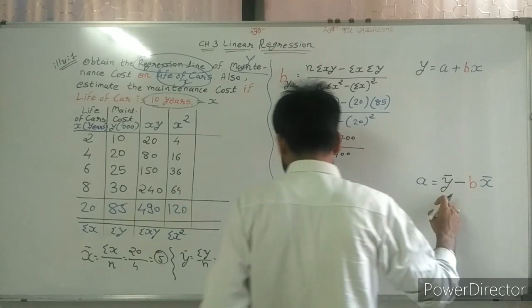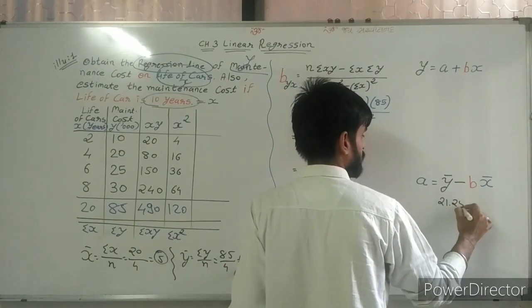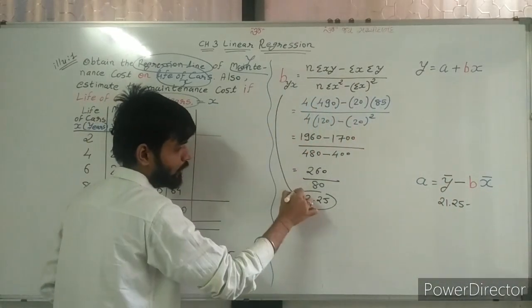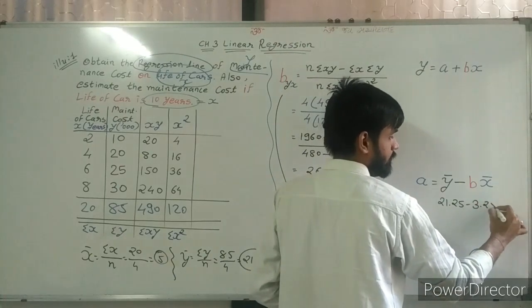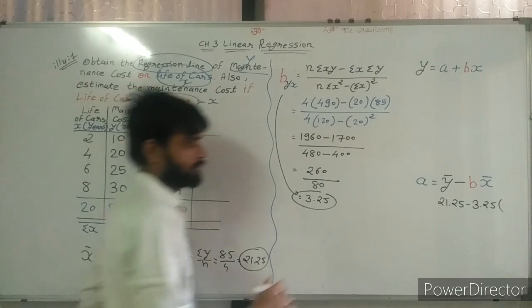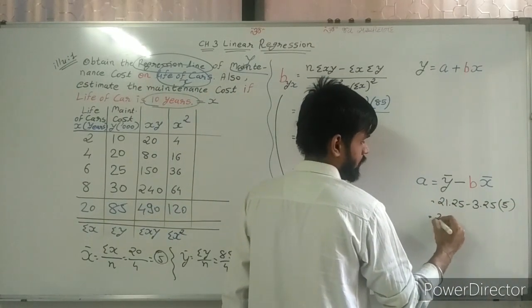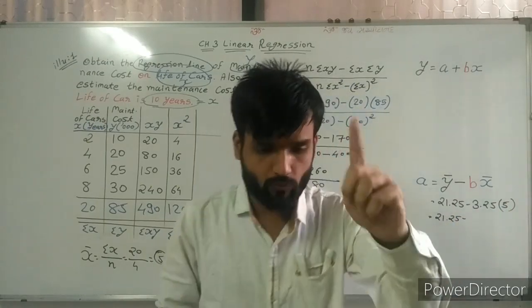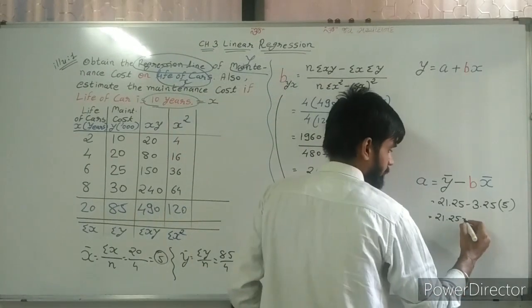Now A is equal to Y bar minus B times X bar: 21.25 minus 3.25 into X bar, which is 5. 3.25 into 5, answer is 16.25.